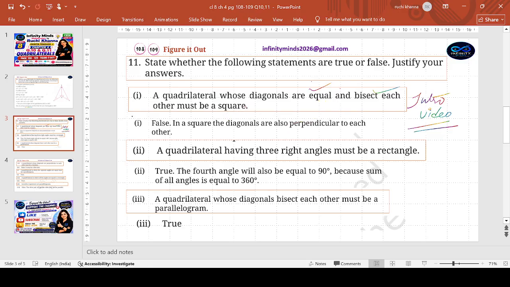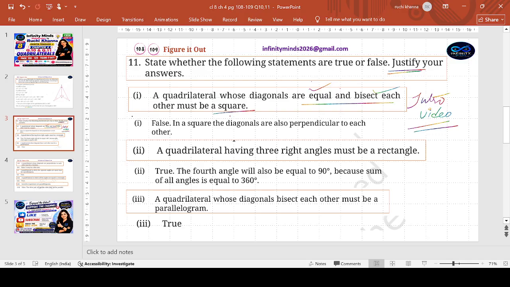No. Whenever justification is asked, there could be different ways, depending on how you justify. One way could be to give a figure where these conditions are true but it is still not a square. That could be one valid justification.